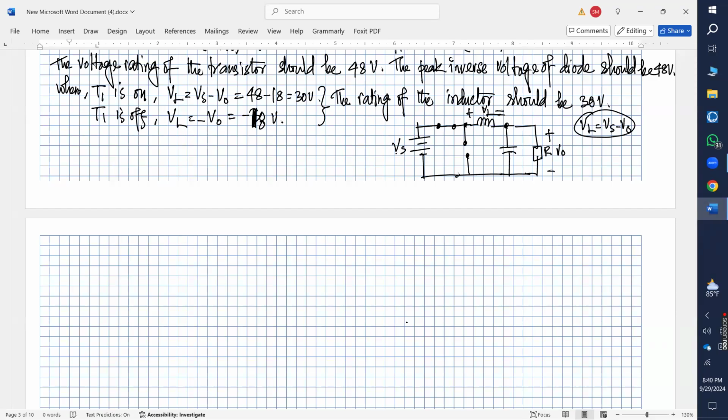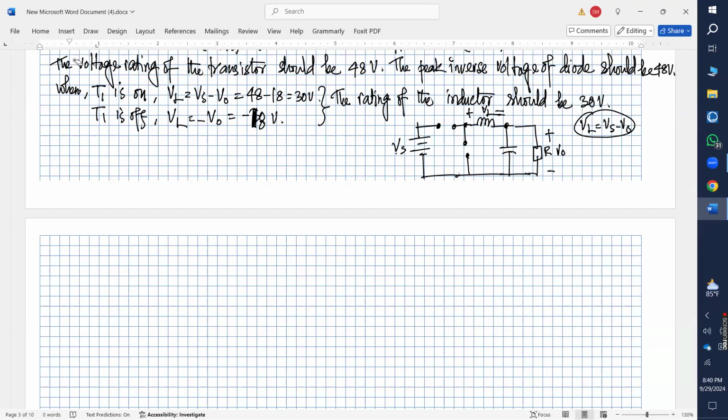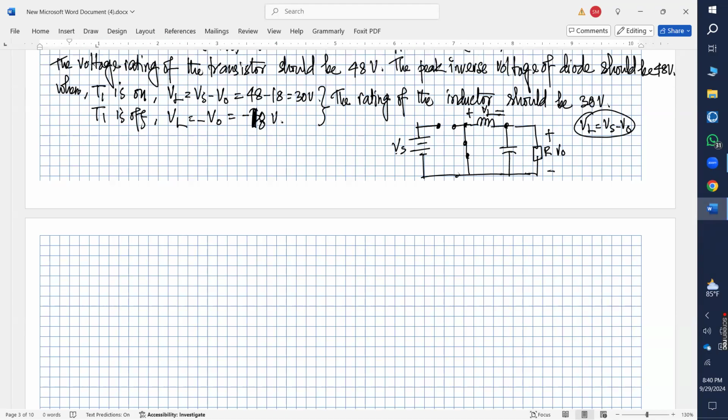But what is happening when your T1 is off, but your diode gets closed? Then what should be the value of VL? This plus terminal is connected to the ground and the negative terminal is connected to the positive terminal of V naught. So your VL value would be minus V naught, right?